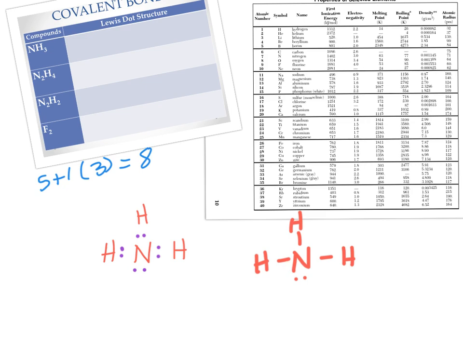So instead of 2 dots between the H and the N, we can draw a straight line to indicate a pair of electrons. So there's a pair of electrons between H and N here, another pair here, and another pair here. And this is how we normally see the Lewis dot structure for the NH3 compound.